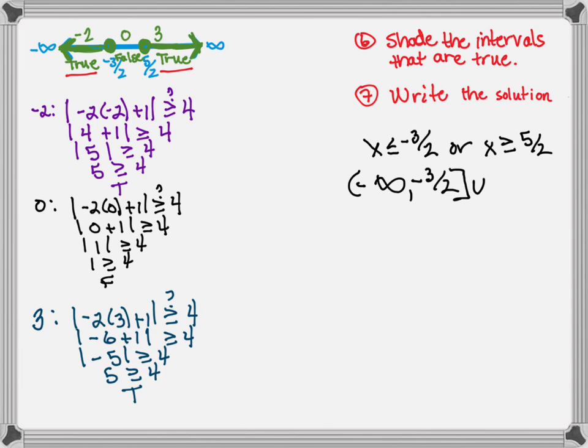For the right interval, our smaller number is 5/2, so we write 5/2 comma +infinity. 5/2 has a closed circle, so it's included. We have a squared off bracket, and infinities always get a curved parenthesis. So here we have our solution in both inequality form and interval notation.